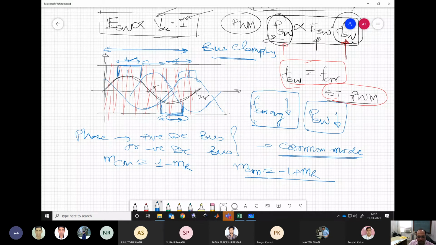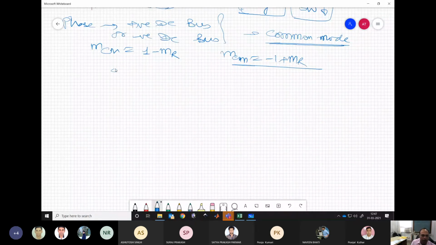And you go back and see the lecture also, there I have shown the common mode and the modulating signal, how it looks like. The common mode will somewhat look like this. For each 60-degree duration, this kind of cycle will come.